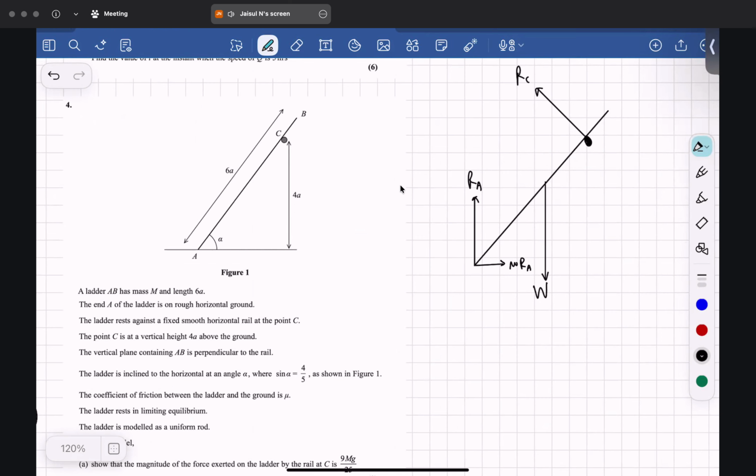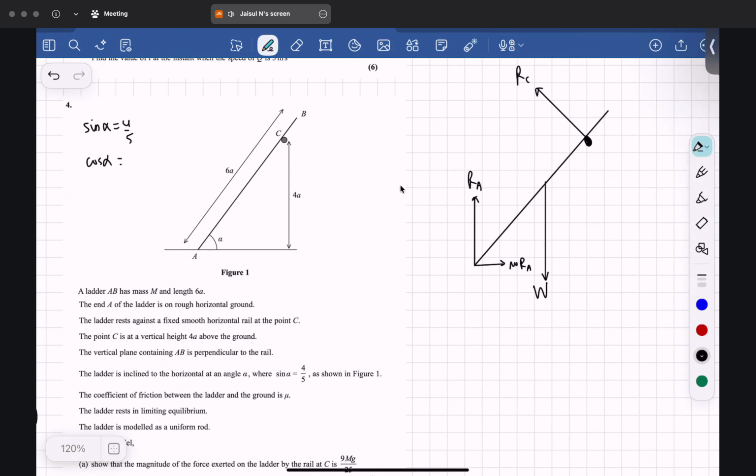Okay, cool. Now, one thing we always like to do is just to make sure we've done our sine and cos. So if I know that I've got sine alpha equals 4 over 5, then I know cos alpha. To do that, I can do the inverse sine of 4 over 5. I get 53.1 degrees.